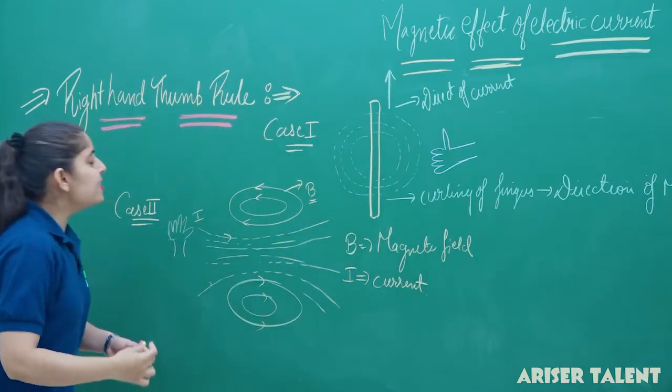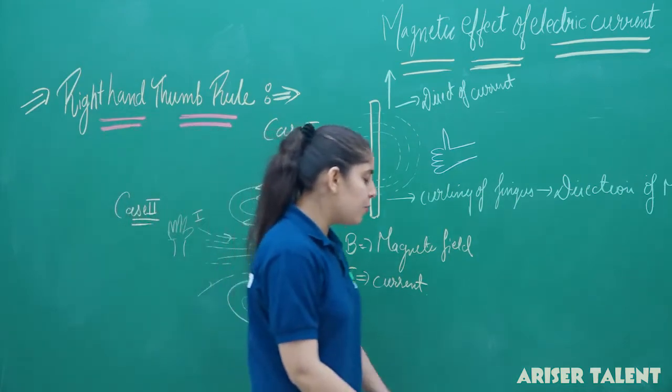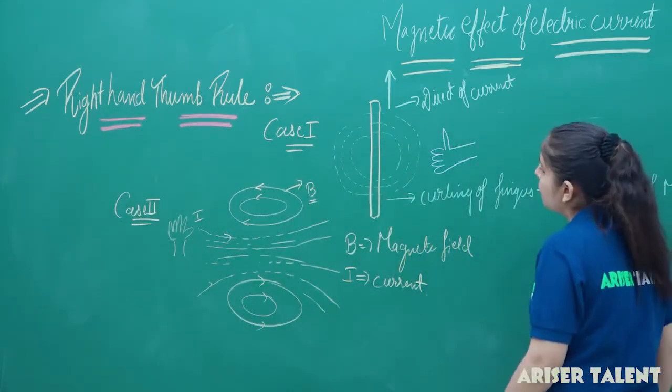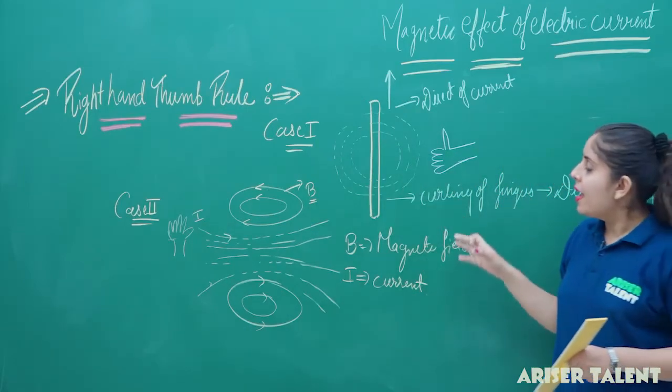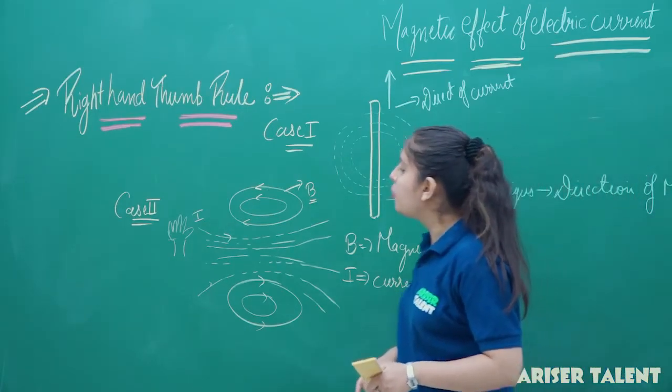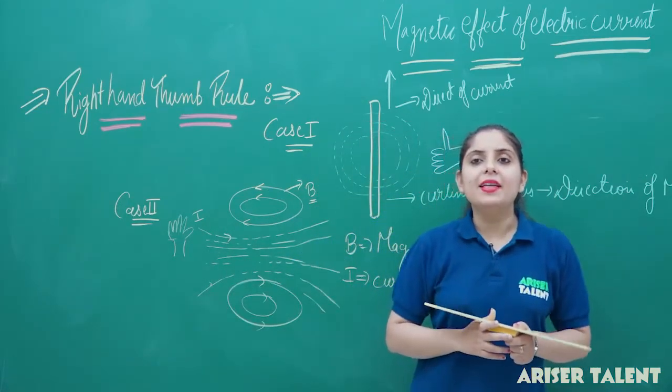Now, this is how case 2 works. What we have done in this case is taken the length of the conductor like this and taken 2 circular coils here. Because in the first case we studied the straight conductor and in the second case we have taken the circular coil. Now, how will you represent the direction of the magnetic field in this case?